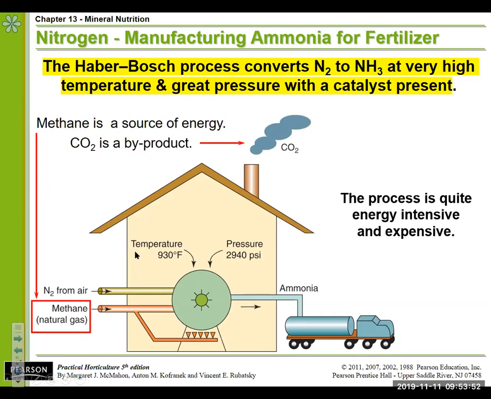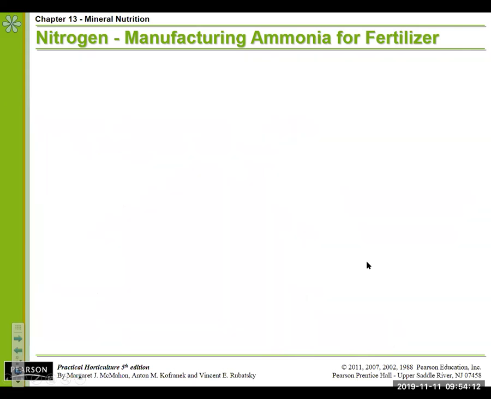It happens under very high temperatures and a lot of pressure, in order to get that nitrogen from air into an ammonia form that we can then apply as a fertilizer. So it's an energy intensive and expensive process, but it's responsible for great yields in agriculture.